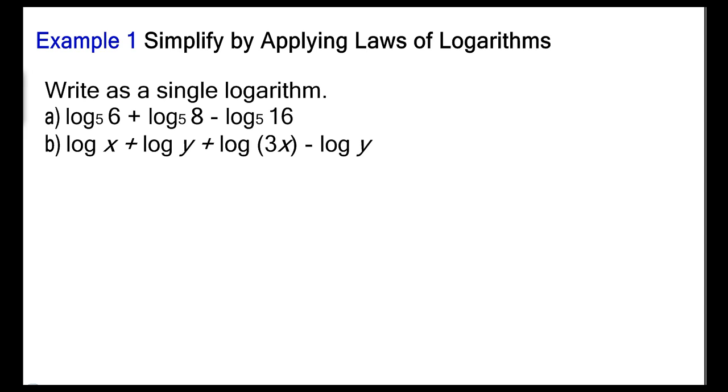A couple of quick examples. You can simplify by applying laws of logs. First thing we notice is that all the bases are the same in A, so usually what they say is write this as a single log. So because there's addition and subtraction, I can do this in any order. I'm going to do the addition first, which is my product law for the first two. So that's going to become 6 multiplied by 8. And then I'm going to take an extra step here, but eventually you will need to.